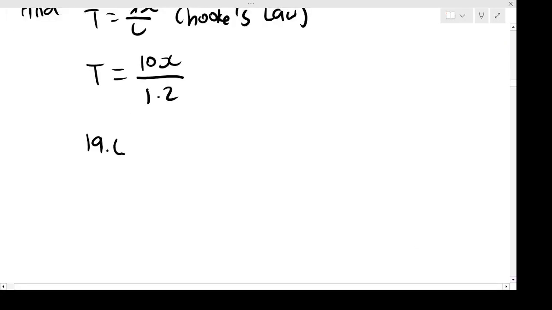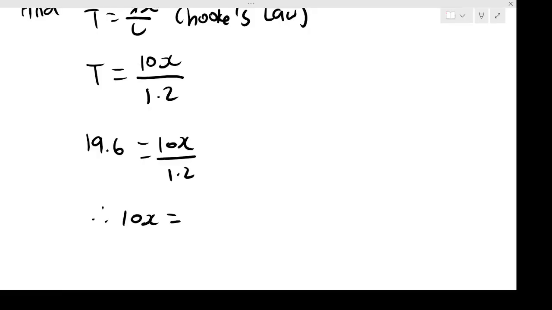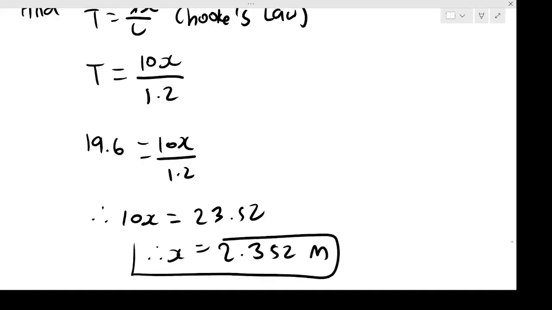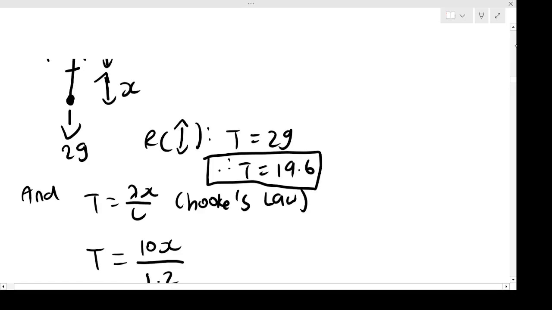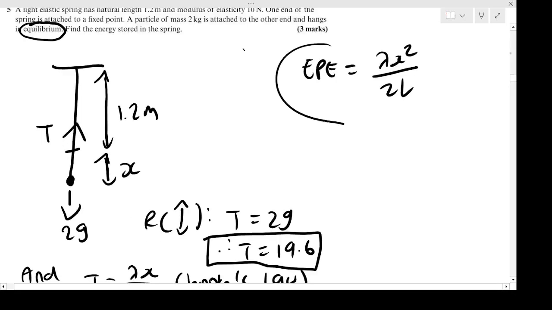Now we can substitute this in to get x. So 19.6 for T is going to equal 10x over 1.2. Therefore 10x is going to be 23.52. Therefore x, if divided by 10, is 2.352. And there we are, that's my extension. Which means my elastic energy, finally, we can work that out.